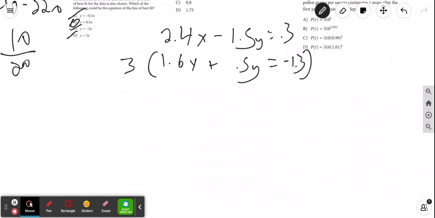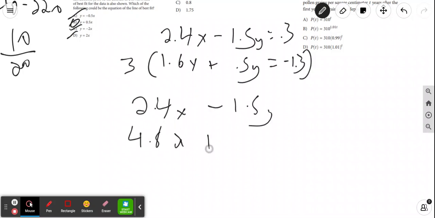Don't try to do this in your head. 1.6 times 3, 4.8. So 2.4 and then 4.8x, minus 1.5y plus 1.5y. That's the term that will cancel. And then it is 1.3, so it should equal negative 3.9 equals 0.3.